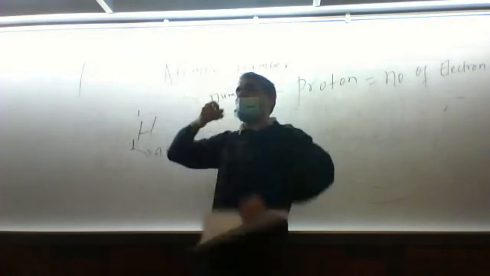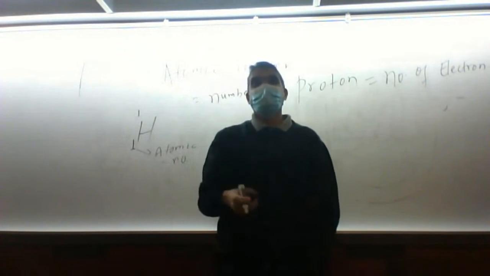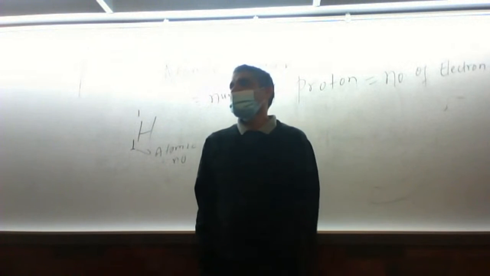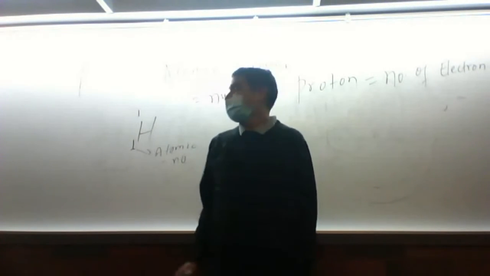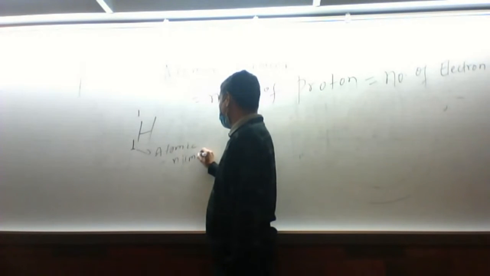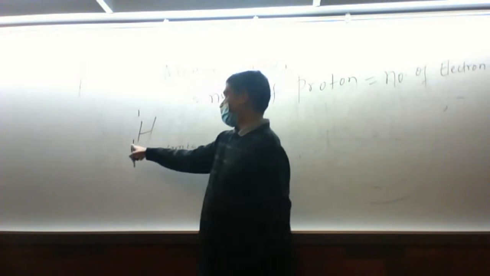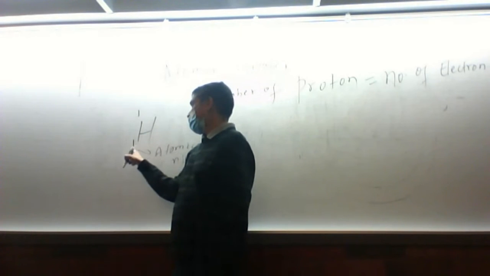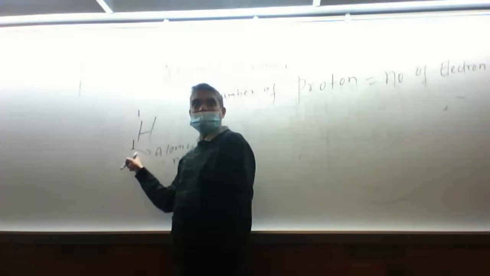At the nucleus. If you draw the structure of the atom, at the center is the proton. Outside in the orbit is the electron, right? So this gives the atomic number, which is the number of protons equal to the number of electrons. So this hydrogen atom has 1 proton and 1 electron.